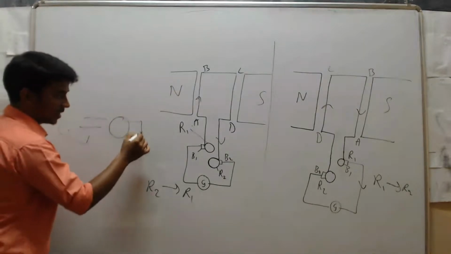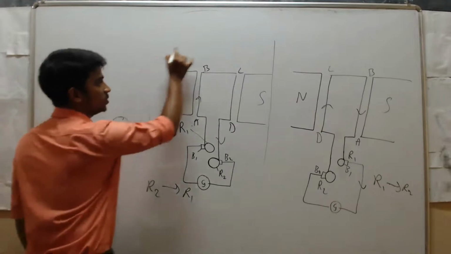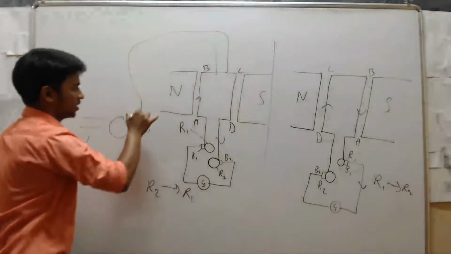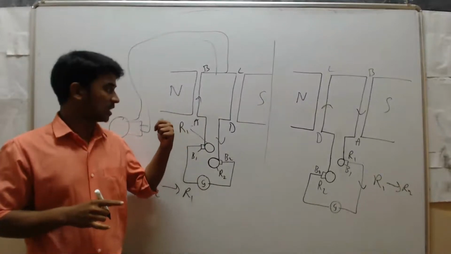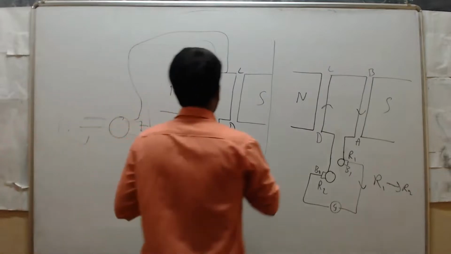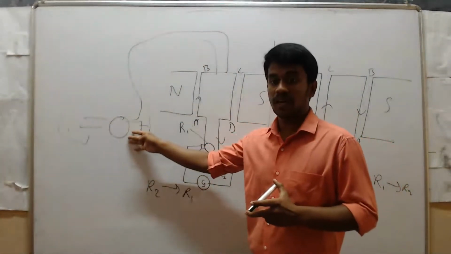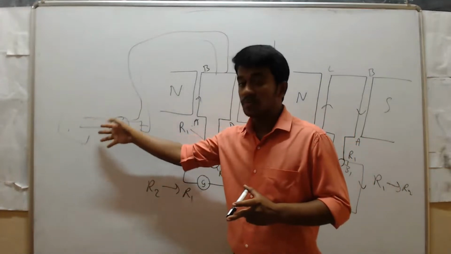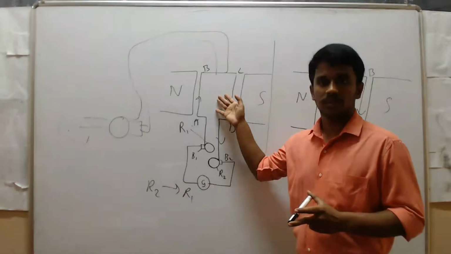Then that turbine is connected to the generator, that is, to this coil. So how can we generate electricity in a thermal power plant? Just rotate this coil. This coil is connected to the turbine, then we pass the steam to this turbine, and then electric current is generated.